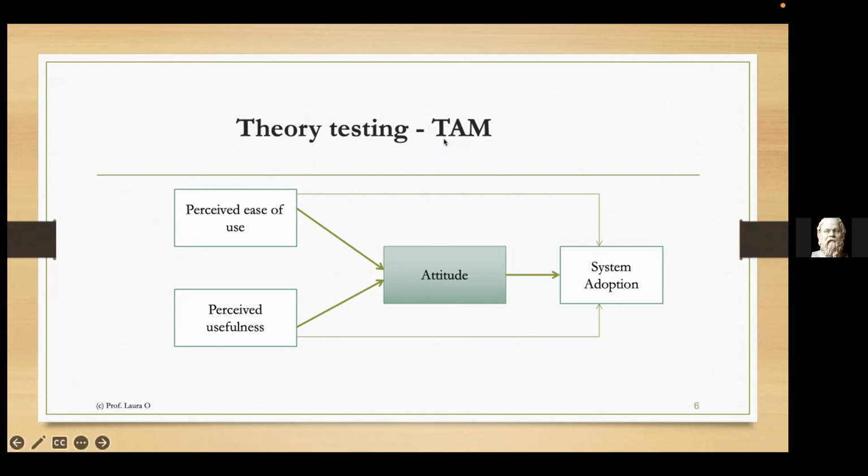Attitude, if you're using theory of reasoned action, theory of planned behavior, technology acceptance model, the other one is UTAUT, Unified Theory of Acceptance and Use of Technology. If you're looking at attitude using these theories, attitude under those theories is treated as a unidimensional variable.